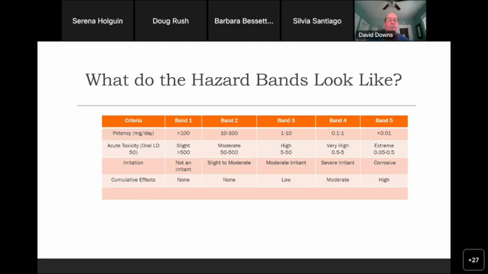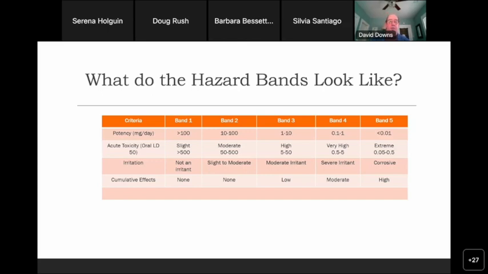Other fairly simple tests that could be quickly done: irritation. If it's not an irritant at all, then it gets into band 1. And if it's a severe irritant or actually corrosive, then it would get in the higher bands.